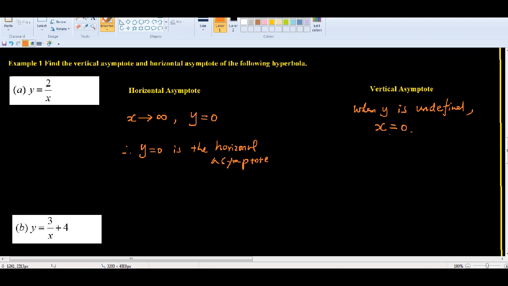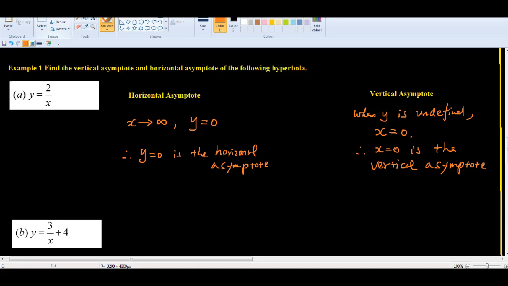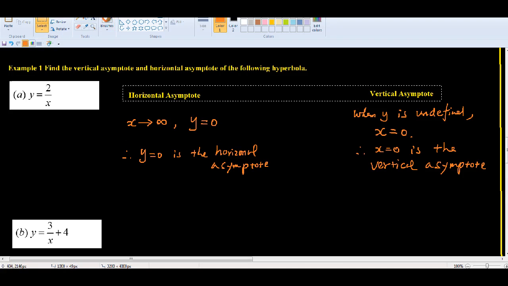So x equals 0 would be the vertical asymptote. Okay, that's it. Alright, so let's do the next one.